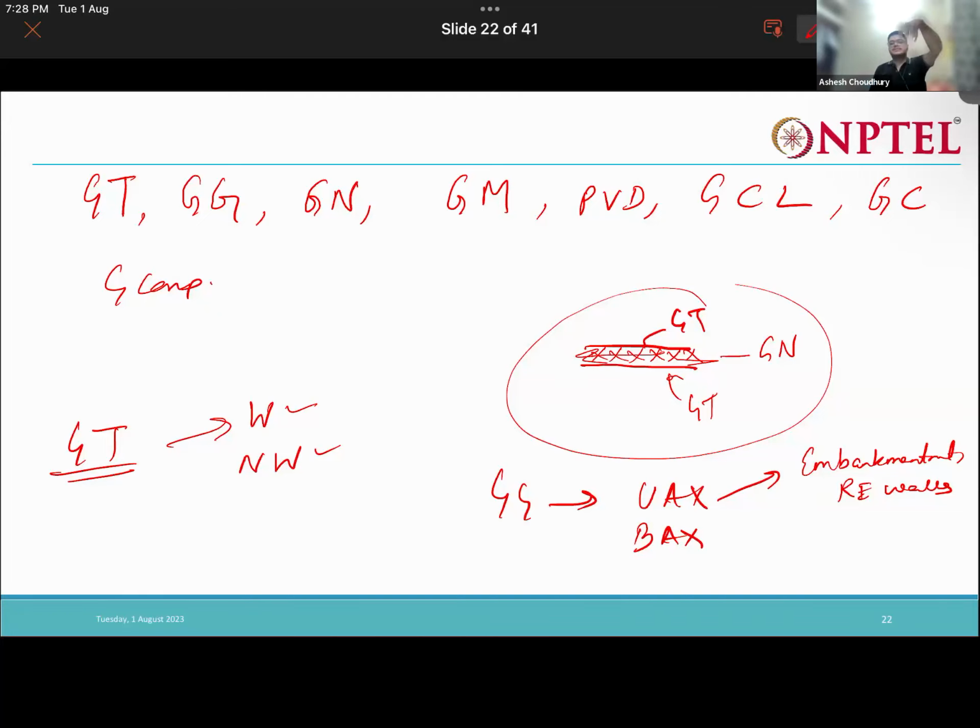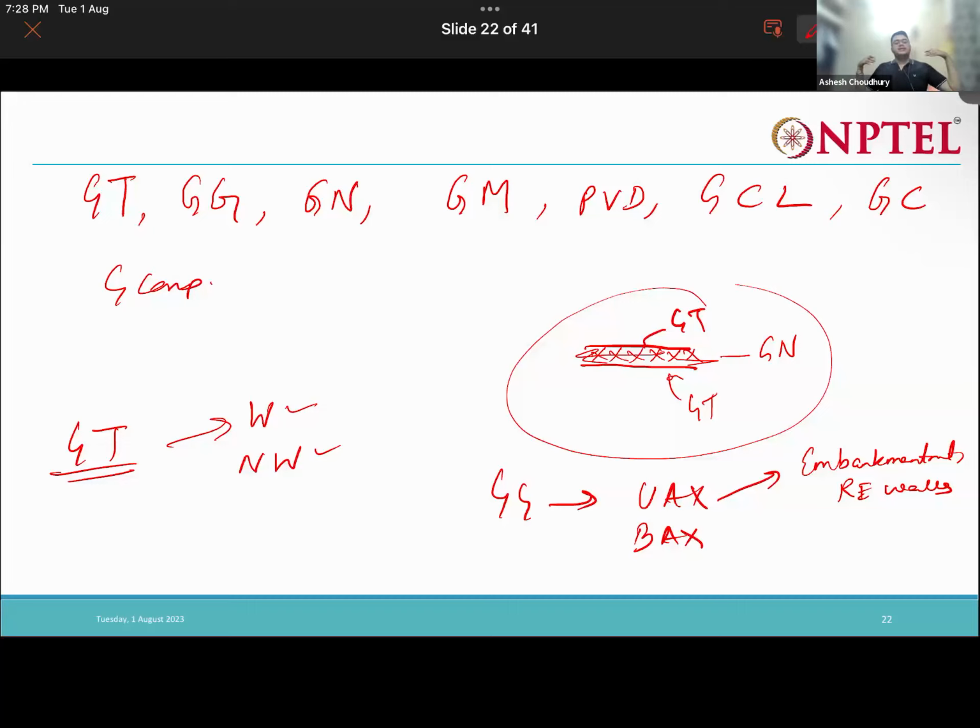Embankments are very long, very big structures. In those cases, uniaxial geogrids are generally used. Biaxial geogrids are generally used below roads to reinforce them. Let's say you have a small portion of a pavement and you want to reinforce the base, the subgrade of that road. In that case, we use the biaxial geogrid, and also maybe below railway tracks.